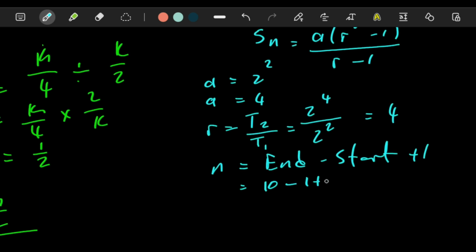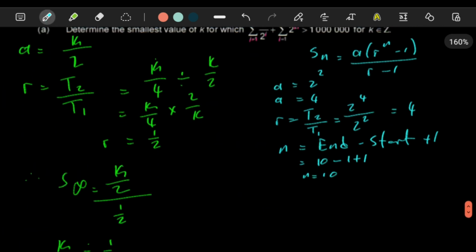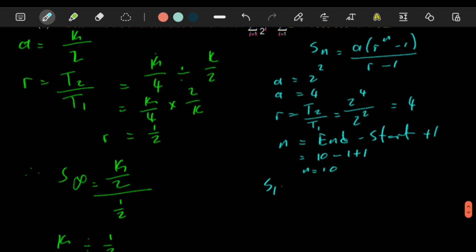The bottom is 1. So n here is just 10. Now we can throw all these values into our Sn formula. S10 is equal to a. What is a? a is 4. r, we worked it out to be 4 as well. n is 10, so 4 to the power 10 minus 1 over 4 minus 1.